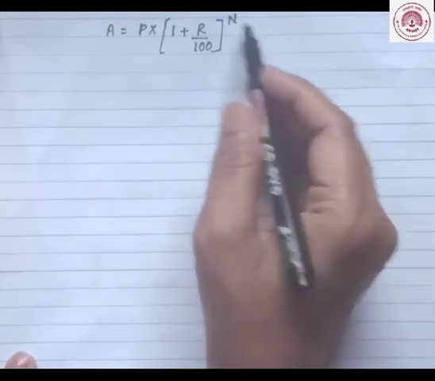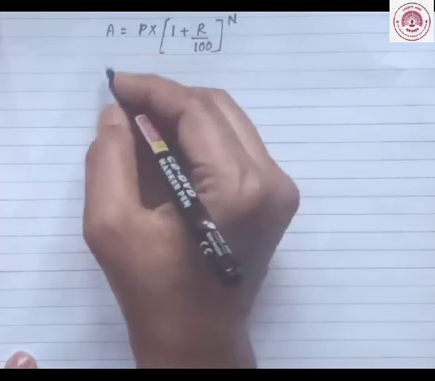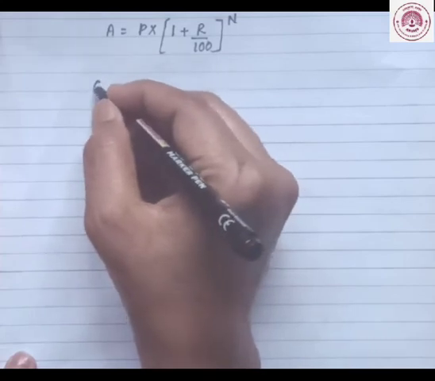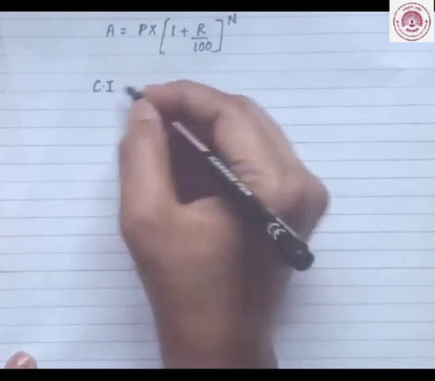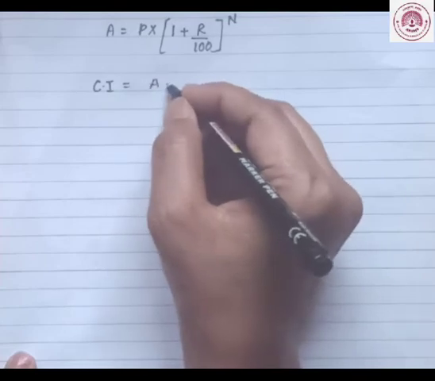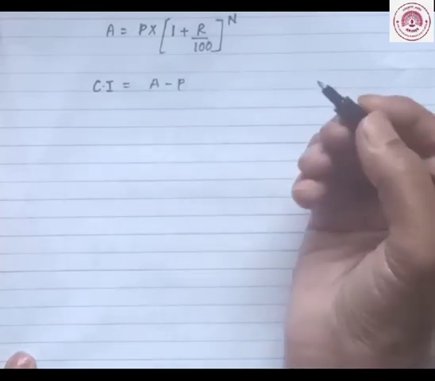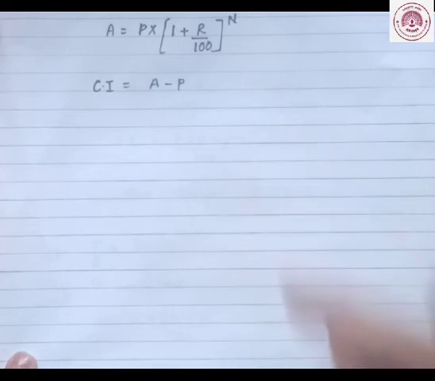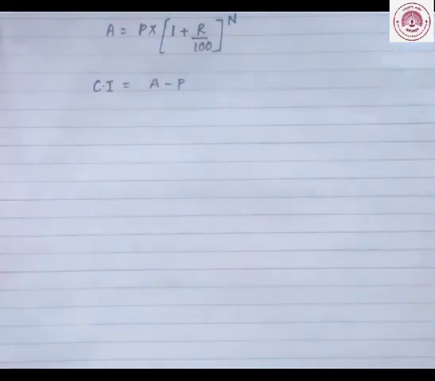Now this is the formula for finding amount. So what is CI equal to? CI, that is compound interest, equals A minus P. So these two formulas we will be using for solving exercise 14.1.